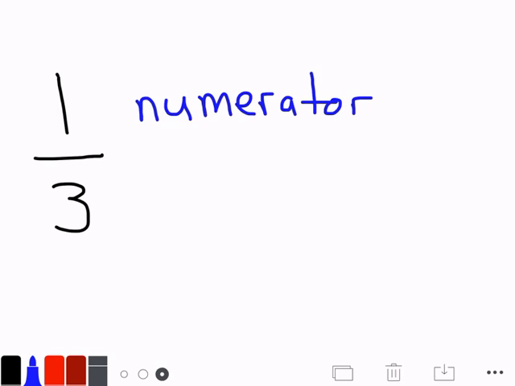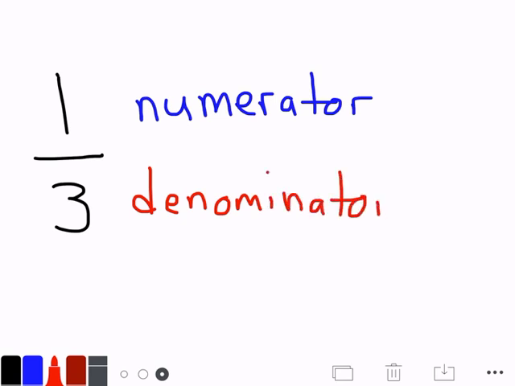Okay, numerator. And the bottom number is called the denominator. Those words are going to be important as we move further into fractions because we're going to be looking at specific patterns with numerators and denominators, so make sure you get yourself familiar with the two words.